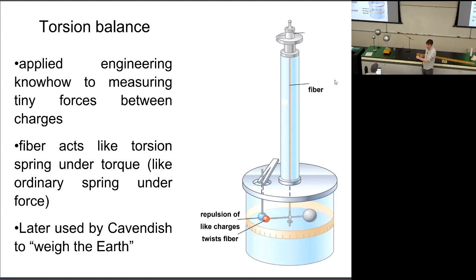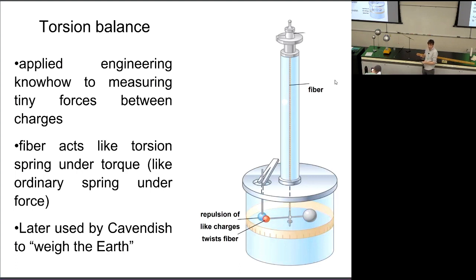As you twist the fiber due to some external force, like an electrical force, it tries to twist back. There's a sort of spring force turning back. And you can balance the applied force, say from an electrical charge, with the restoring force from the fiber itself to measure tiny forces.